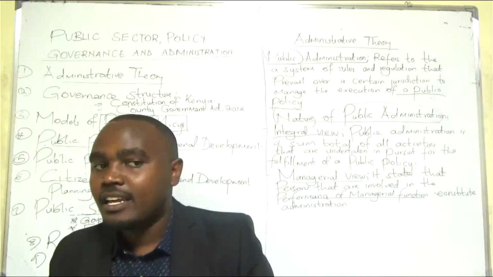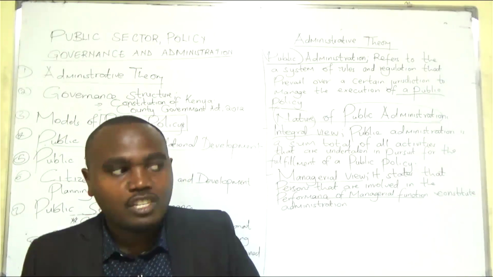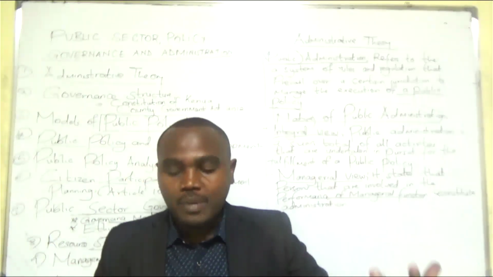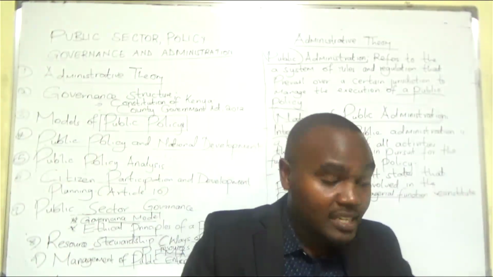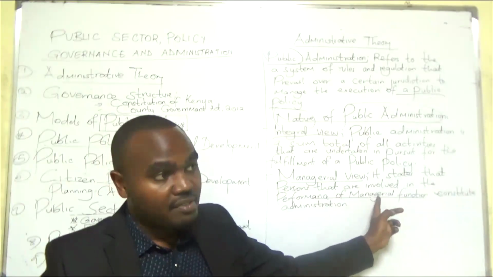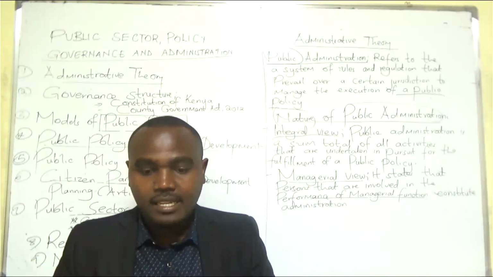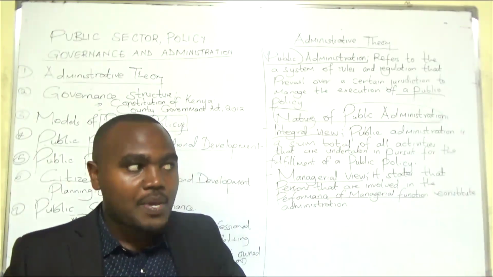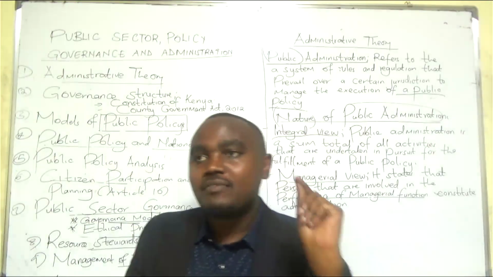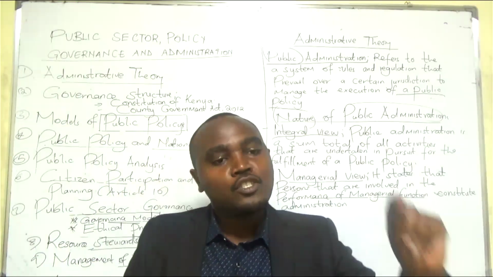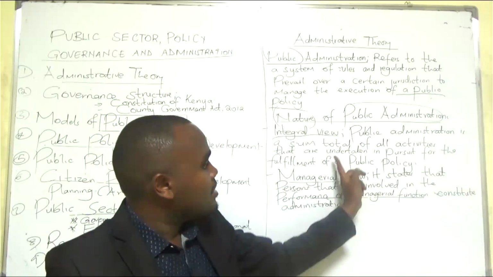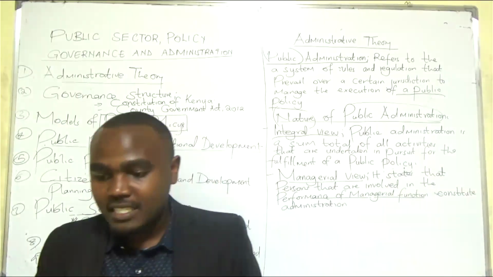Two, organizing. What is organizing? Work arrangement. We are dividing and coming up with a work arrangement. Three, staffing. After we have organized, we need to have the right number of employees in our public service so that we can achieve the solving of the public policy.